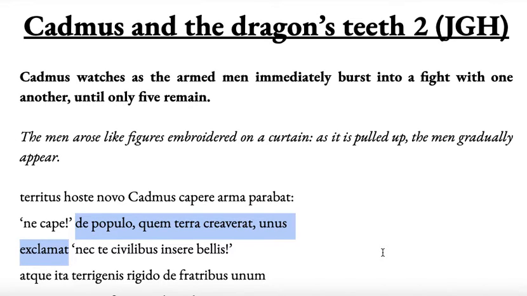So quem is the masculine accusative singular of qui, quae, quod, and creaverat is pluperfect tense. Again, if this were prose, you'd expect just a genitive populi, so one of the people, unus populi. But in verse, instead of populi genitive, you can have de plus ablative instead. One from the people. Something like that.